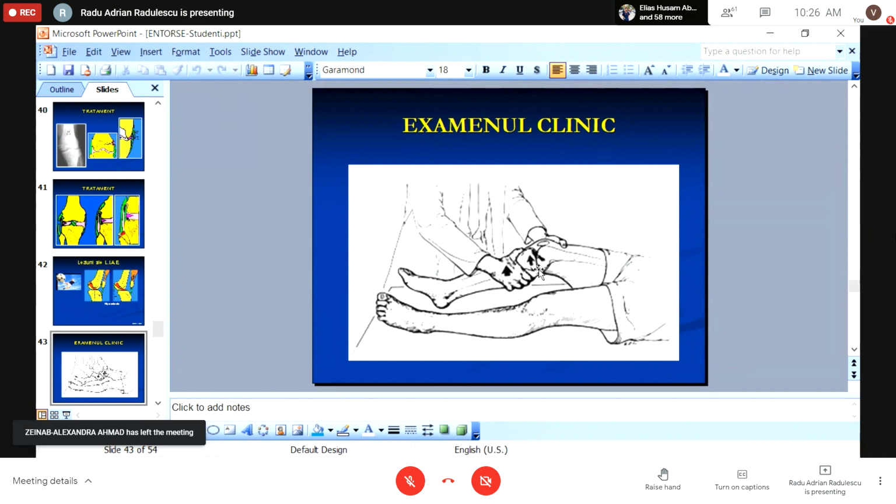If this movement is possible, then we say that we have an anterior drawer positive test. In fact, we call this the Lachman positive test, which is a very valuable sign for the isolated lesions of the anterior cruciate ligament.